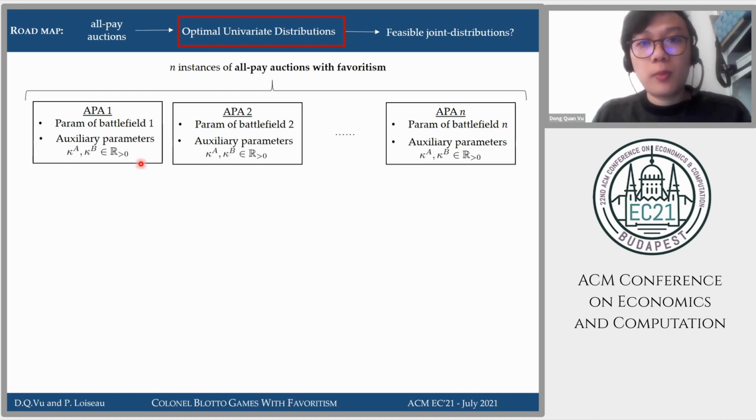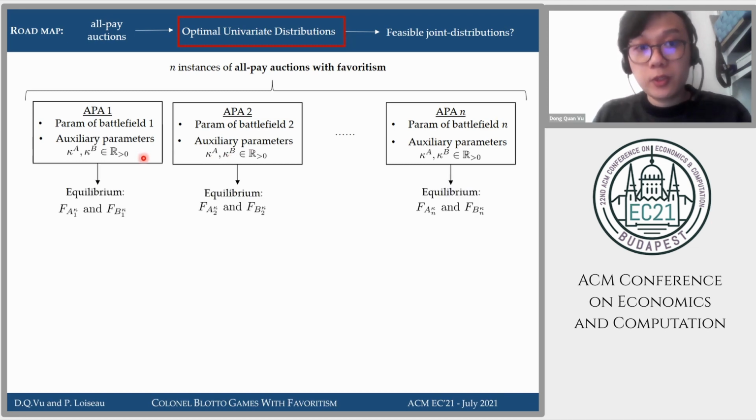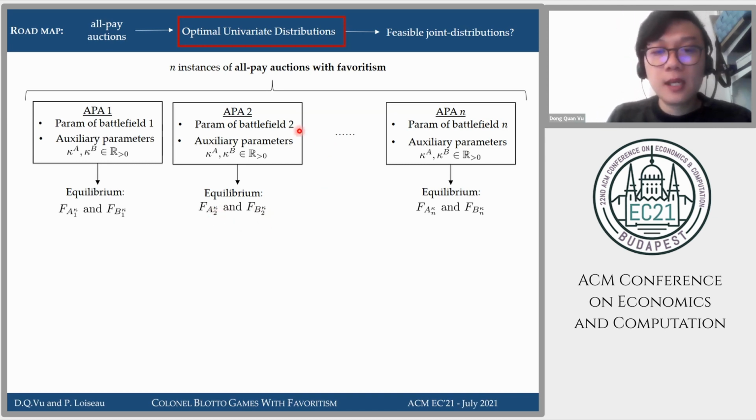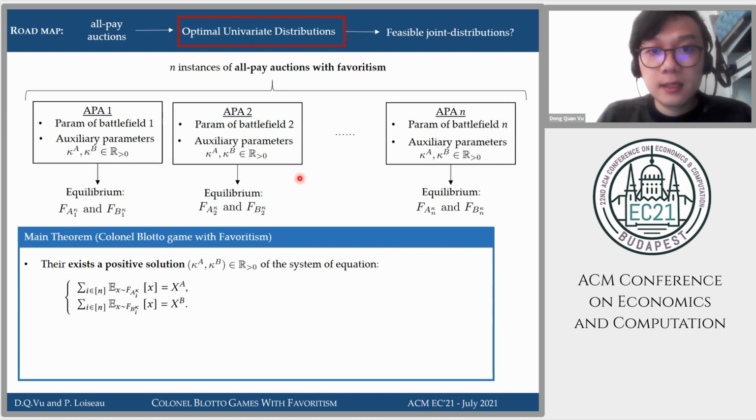In each open auction, it will induce an equilibrium that we denote by FA kappa and FB kappa, with the subscript index coinciding with the index of the battlefield. Our main theorem is like this.